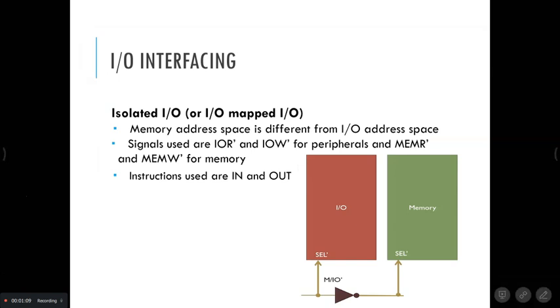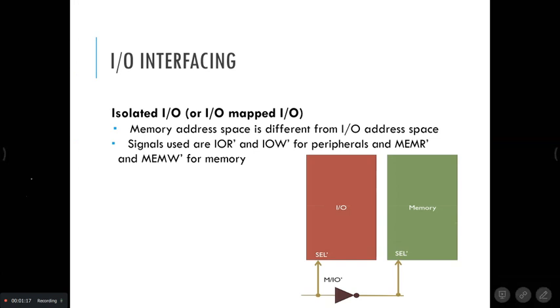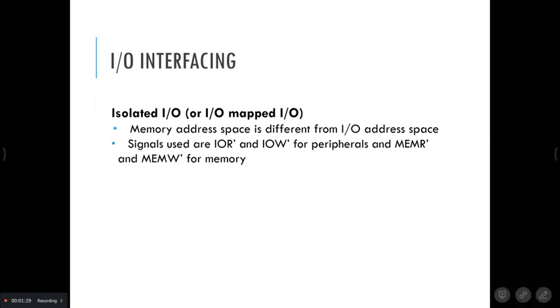Every microprocessor generates an address to locate whichever I/O is connected. In isolated I/O, the memory address space is different from the I/O address space.